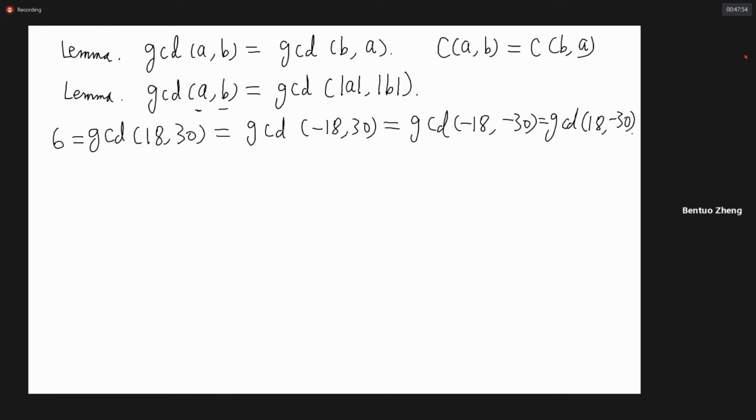Okay, so the next lemma is very useful, especially when proving harder theorems. Suppose A is not equal to 0 or B is not equal to 0, and A and B are integers.